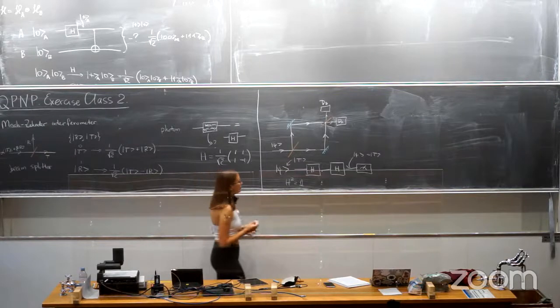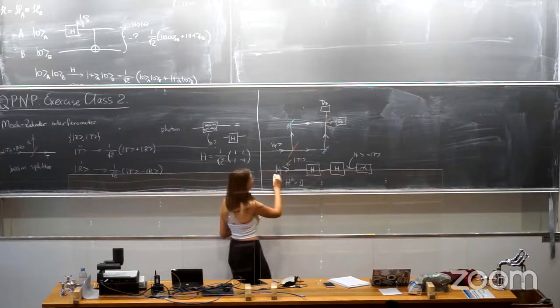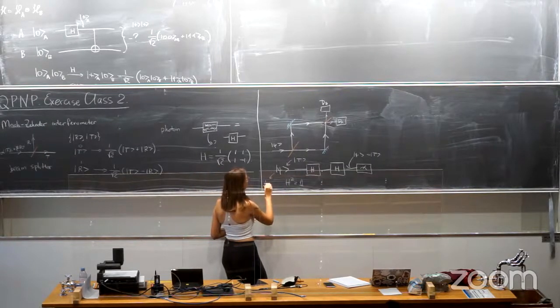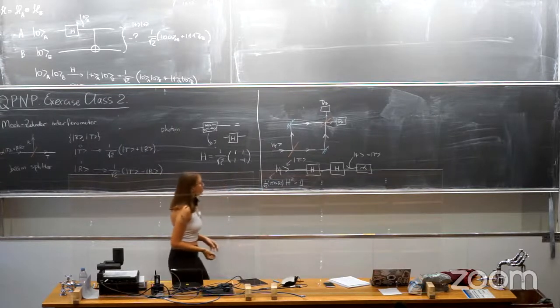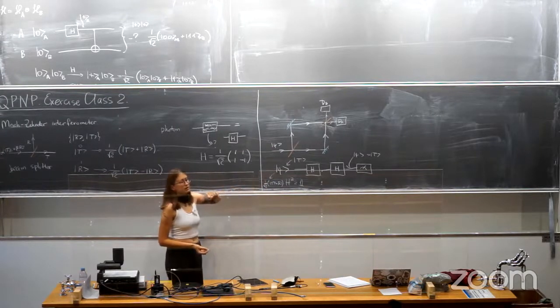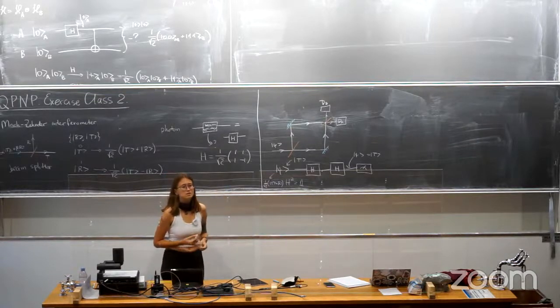However, if, for example, I start in a state 1/sqrt(2) (t plus r), when I measure, in half of the cases one detector will click, and in half of the cases the other will click. Yes.